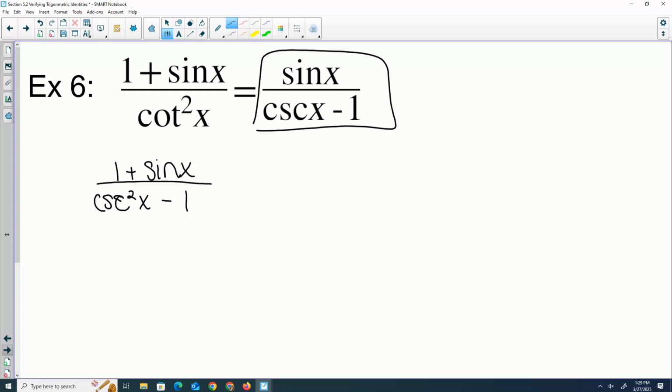Cosecant squared minus 1. That's a difference of squares, isn't it? It would be cosecant x plus 1, cosecant x minus 1.